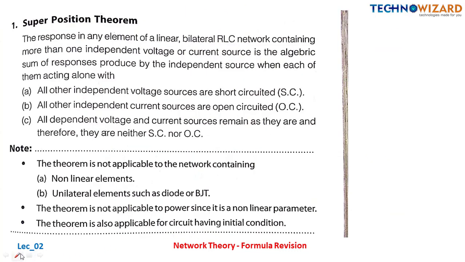Okay, so the next one is the first theorem, the superposition theorem. The response in any element of a linear bilateral RLC network containing more than one independent voltage or current source is the algebraic sum of the responses produced by the independent sources when each of them acts alone.